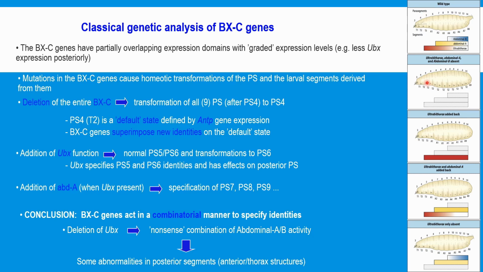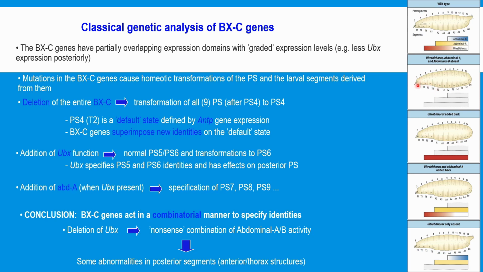It's not so easy to see from this diagram, but they would be looking at how the denticle belts looked, these bristles under the animal. And obviously the tail part was missing. That was the most obvious part, but otherwise they can figure out transformations on the basis of how these hairs are looking.